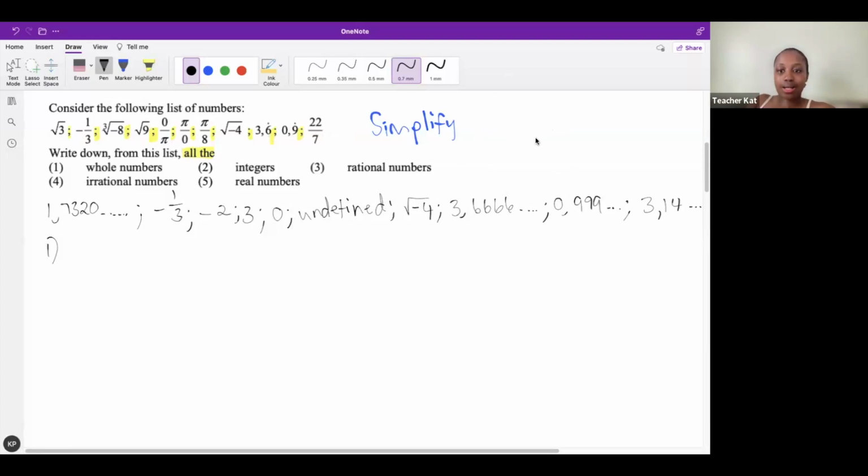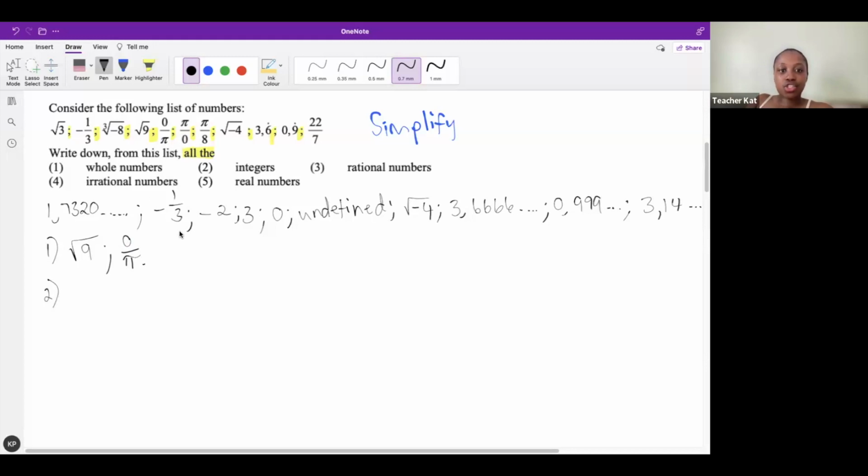Which ones are my whole numbers? 3, which was originally the square root of 9. And there's one more: 0, which was originally 0 over pi. Nice. A good start.